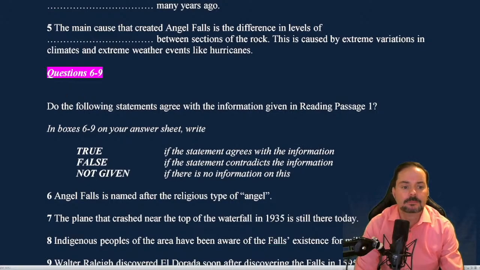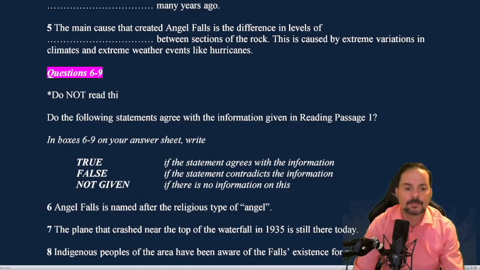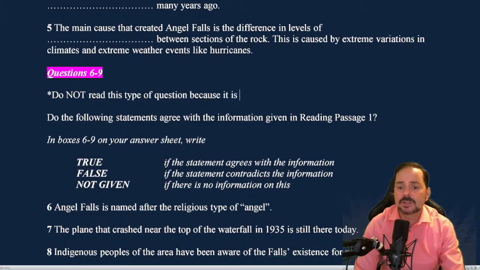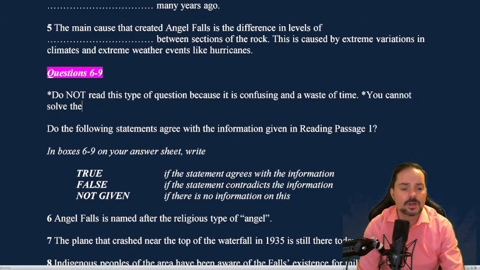So do not read this type of question because it is confusing and a waste of time. Okay, and also keep in mind that you cannot solve this type of question effectively by skimming and scanning.